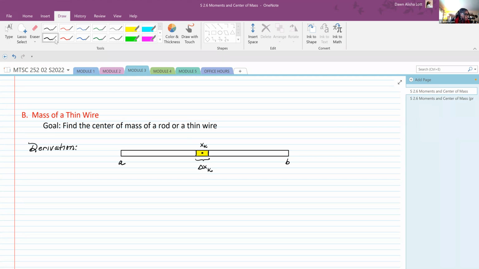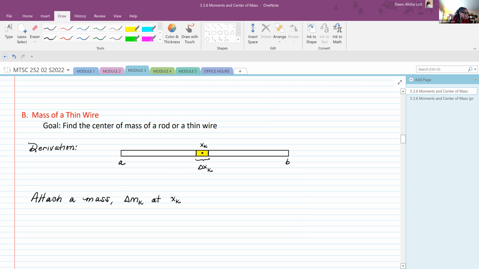Now I want to attach a mass there. So we're going to attach a mass, delta mk, at location xk.